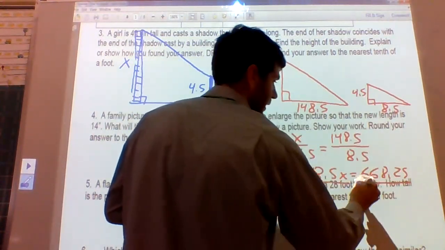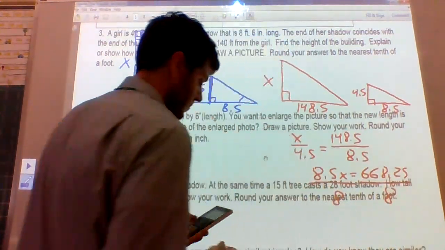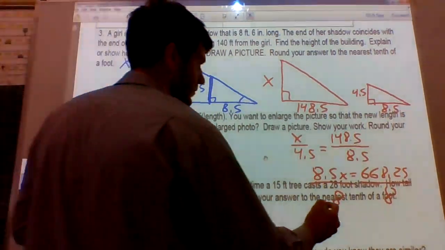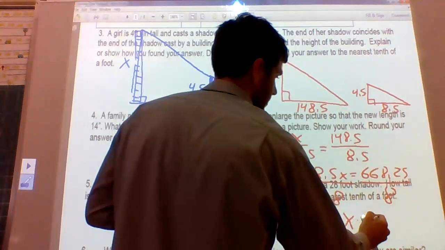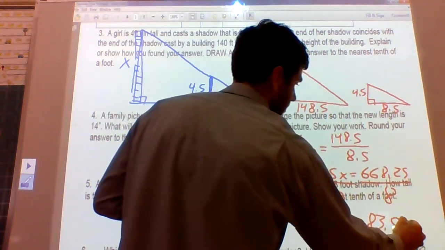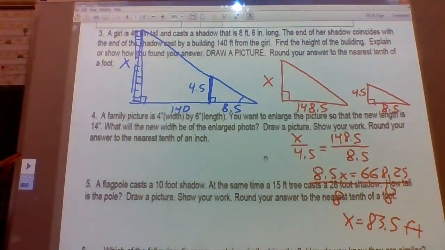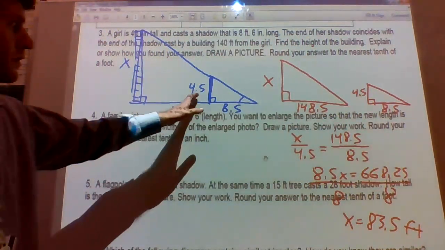Okay, and we divide by 8.5. We get 83.5. Okay, and that's going to be feet. So the height of the building is 83.5 feet.